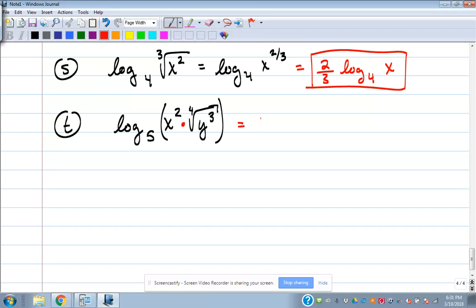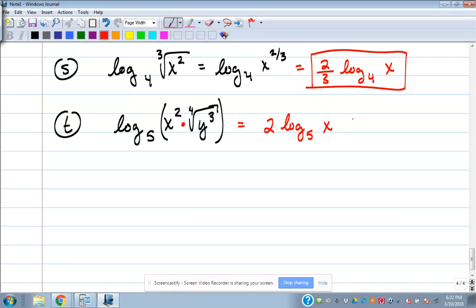So we know that x squared is going to split apart and be log base 5 of x. What can I do with the 2? I can put it in the front because it's an exponent, right? And the rule is that if the exponent's there, I can drop it to the front.